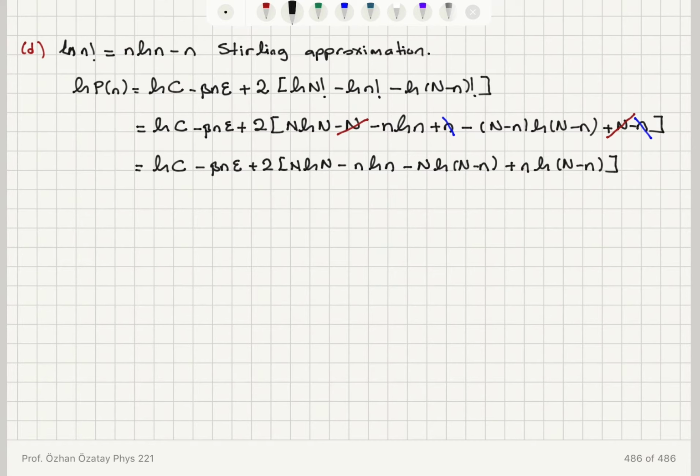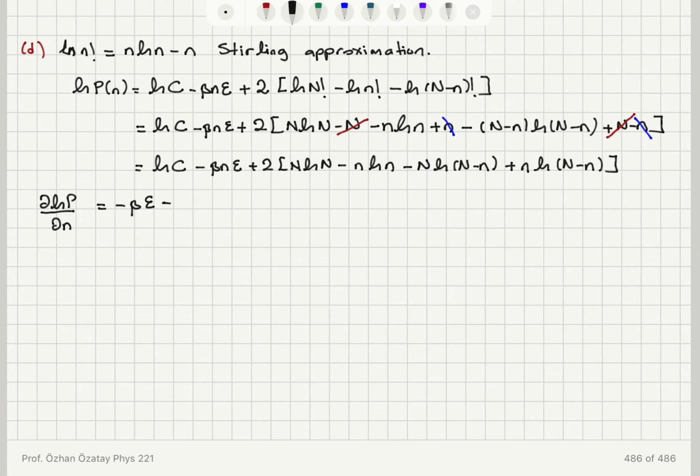Now I'm ready to take the derivative. Take the partial derivative with respect to n, and equate it to 0 to find the most probable value. The first one is a constant, so that will give me no contribution. The second term will give me a minus beta epsilon.